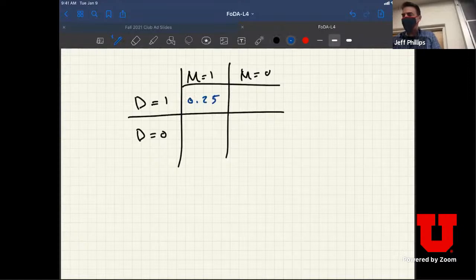So let's say 25% of the time the model and the data are true, 50% of the time the data is true but not the model, 20% of the time the model is true but not the data, and 0.05. Okay, so we'll be assuming the data is true. We'll be conditioning on the data being true, but we need to write this down in order to do the calculations here.